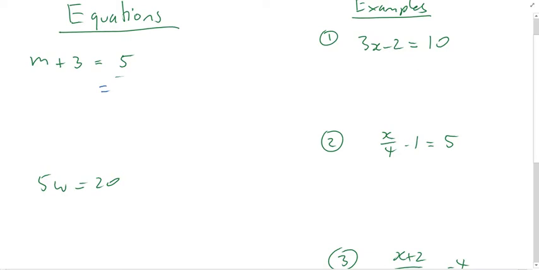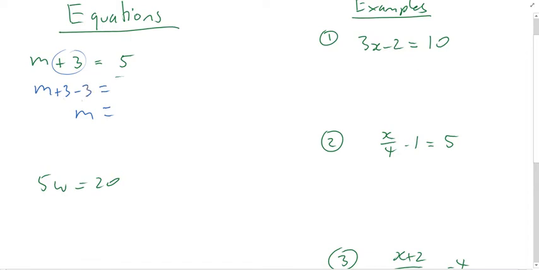But one way that I could do that is to think about solving equations by thinking, well, in the end I want it to say m equals. So I look at what happens to m, and m has been plus by 3, so I want to get rid of that plus 3. I can think of it as, well, m plus 3, to get rid of that 3, I have to minus it.